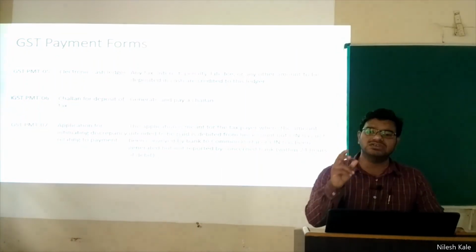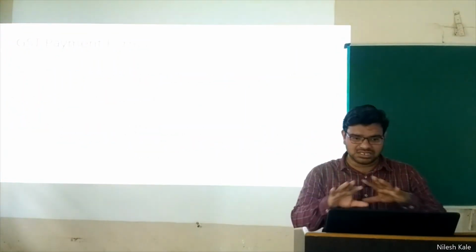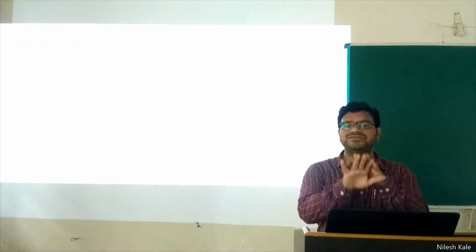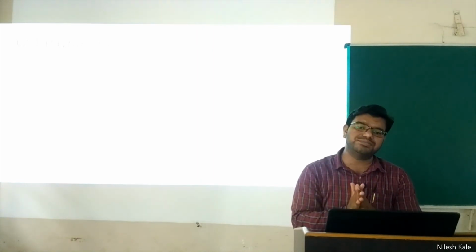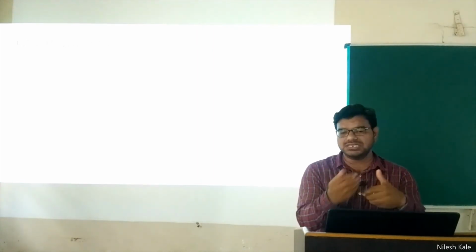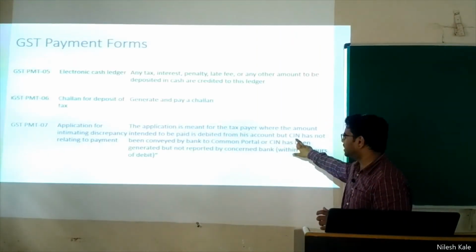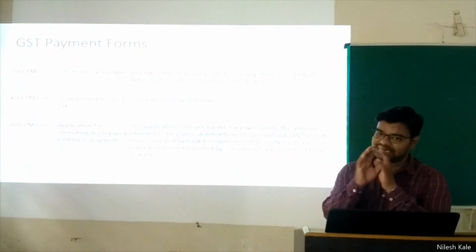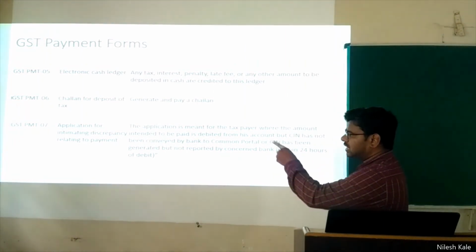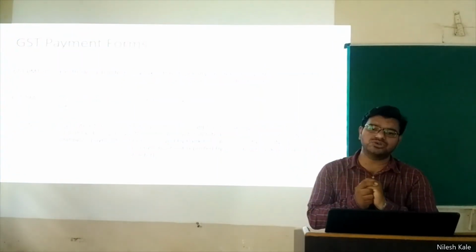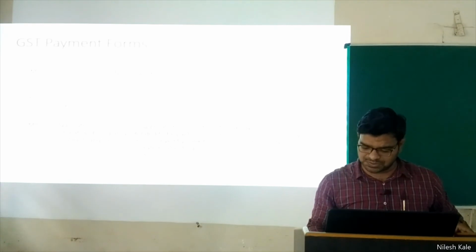For every challan that is to be filed to the government, in this GST we are preparing the challan online only, right? However, you can take the printout also, but challans are populated online. Now that challan will have this CIN, that is challan identification number, and that speaks about the payment. GST PMT 07, that is application for intimating discrepancy relating to the payment. Whatever discrepancy you have, GST PMT 07, you just use this, right?